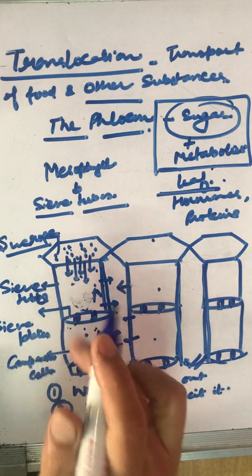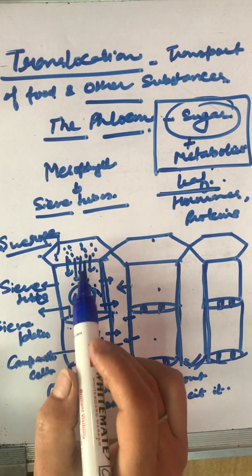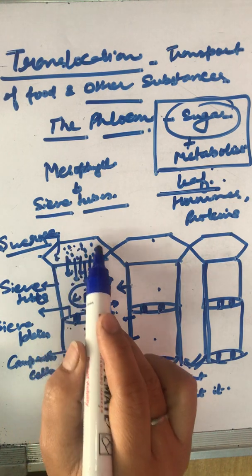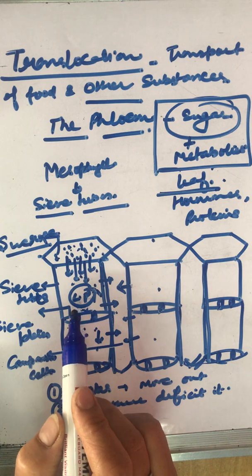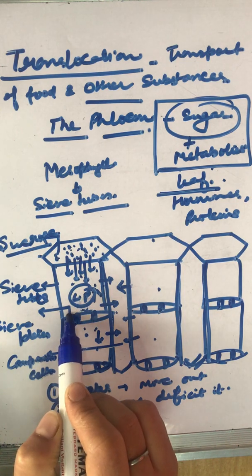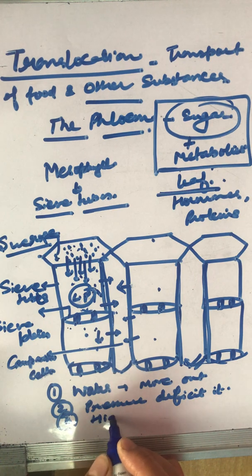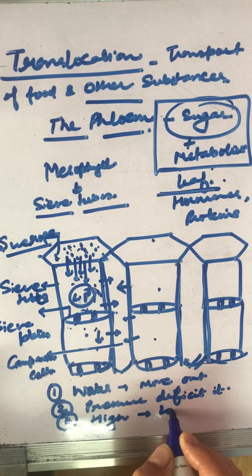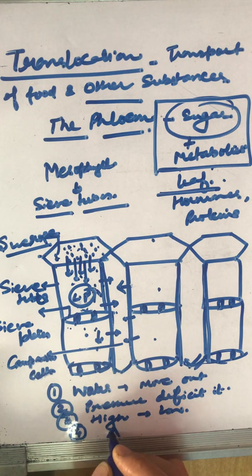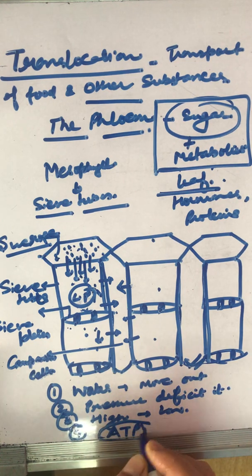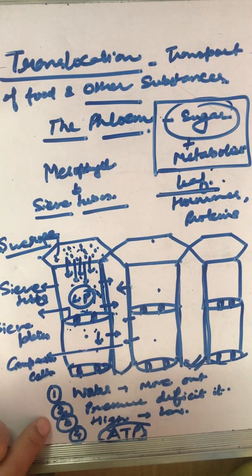When a low pressure area is created, automatically what will happen? Movement of substances will take place from a region of higher concentration to a region of low concentration, and this movement requires energy in the form of ATP.